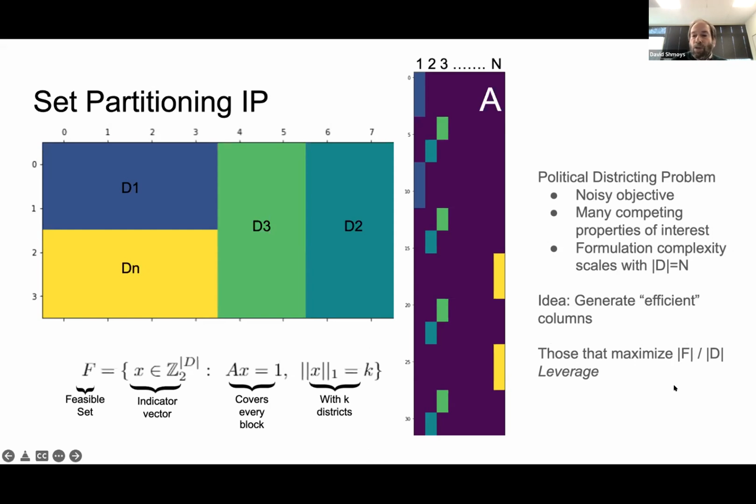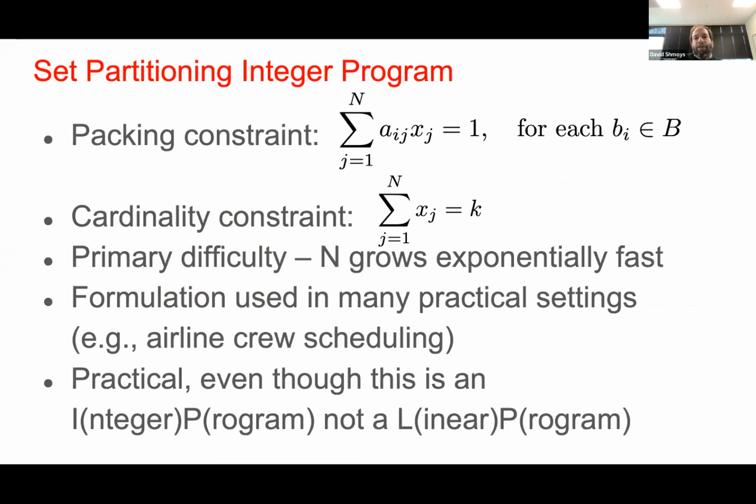I'm going to think about this ratio of the number of complete statewide district plans to the number of columns that I generate as the leverage: how well do I leverage the generation of a not complete enumeration of the set of possible districts so that they can translate into a plan.